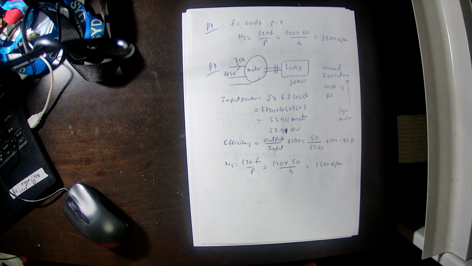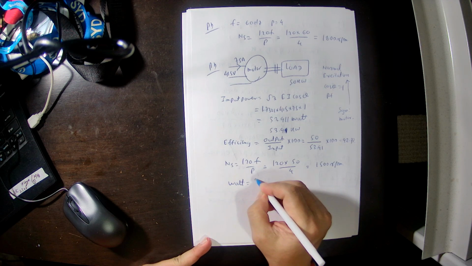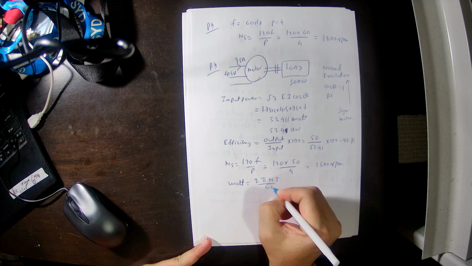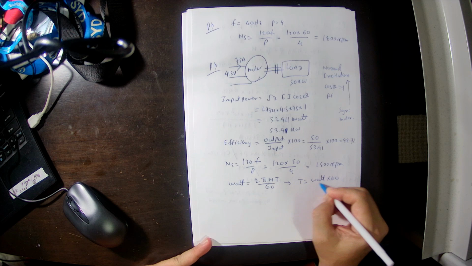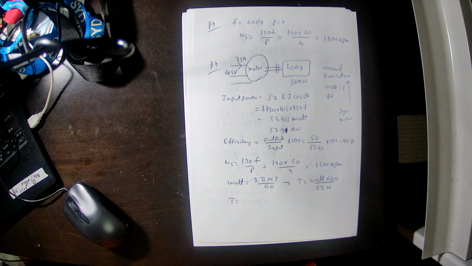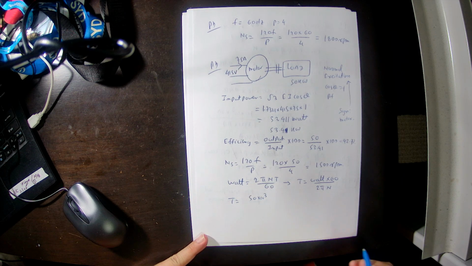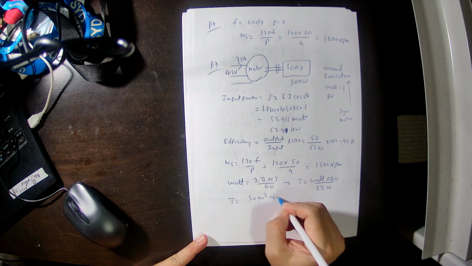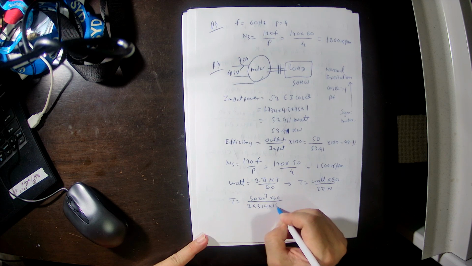Also, we can calculate the torque delivered to the load at the normal excitation. So torque can be calculated. In this case, P equal to 2 pi N T by 60, that equation. So T equal to P multiplied by 60 divided by 2 pi N. The output power we already know is 50 kilowatt, 50 into 10 power 3, multiplied by 60 divided by 2 into 3.14 and speed 1500.